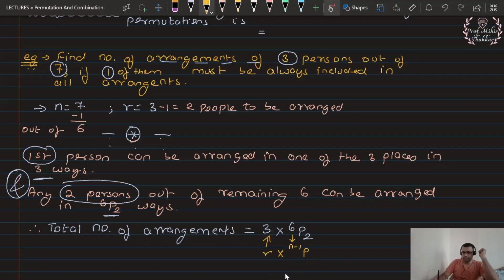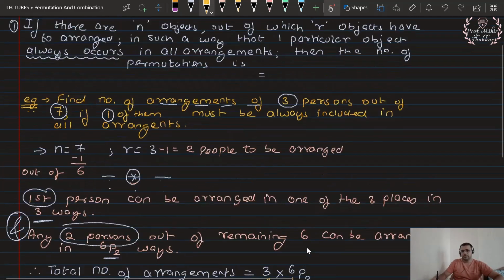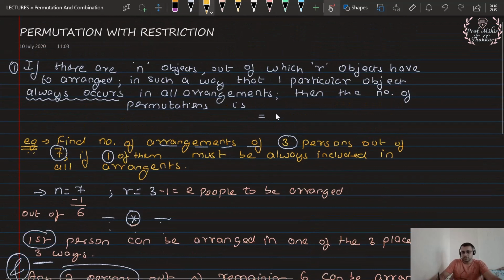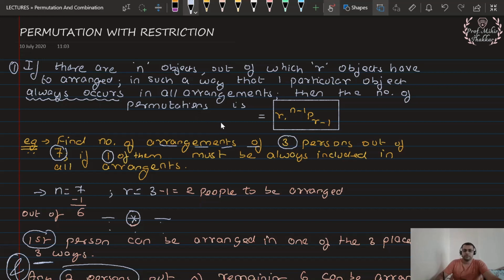P represents permutation. 2 over here is actually 3 minus 1, that is nothing but r minus 1. So that becomes my general formula, which is r multiplied by (n minus 1)P(r minus 1), when we are interested in finding the number of arrangements of r objects out of n, such that one particular person is always included in all possible arrangements.